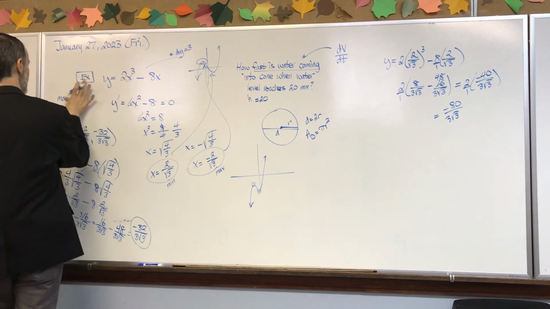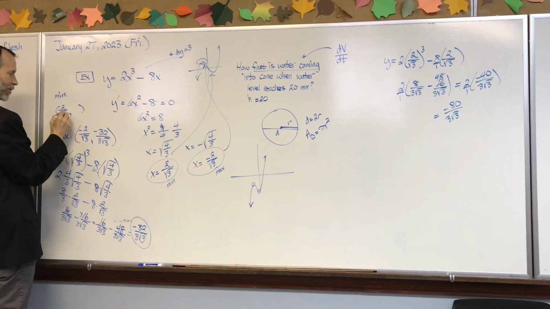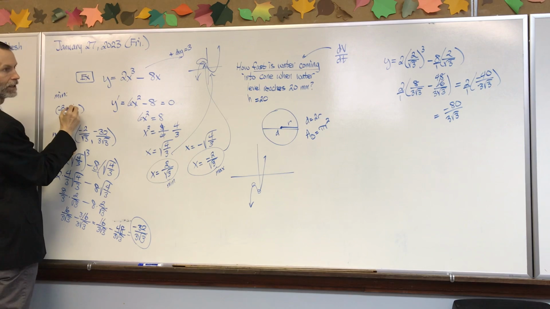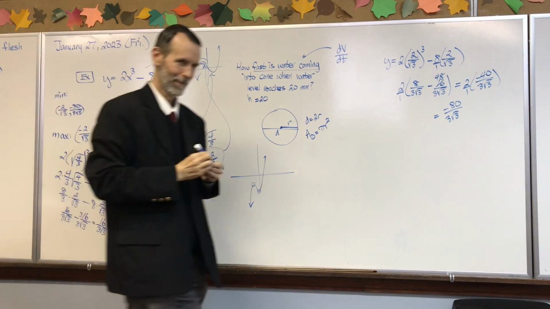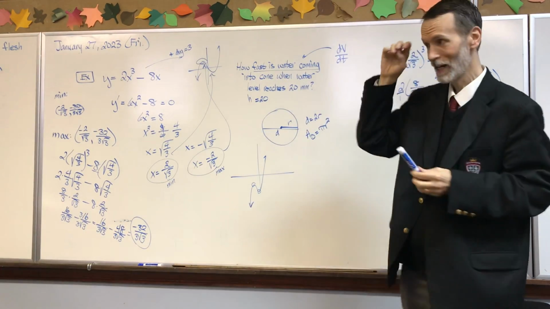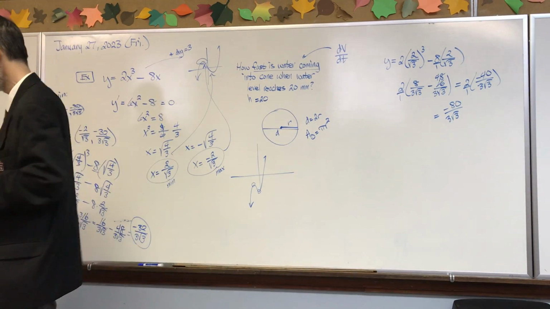So the minimum is positive 2 over radical 3, negative 80 over 3 radical 3. So sometimes the maxes and mins are nice, sometimes they're a little annoying.